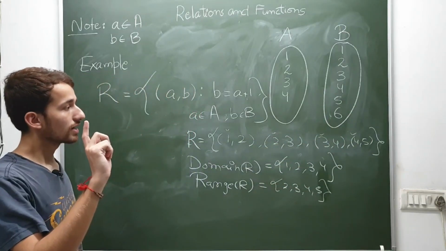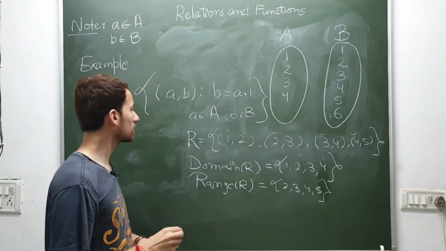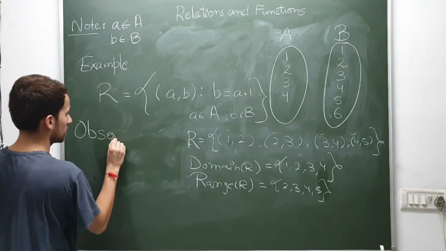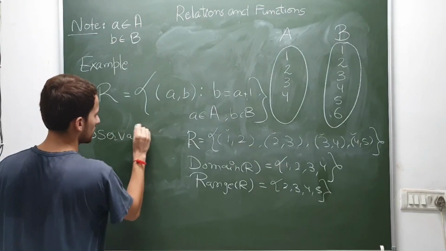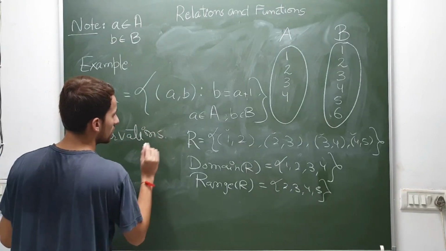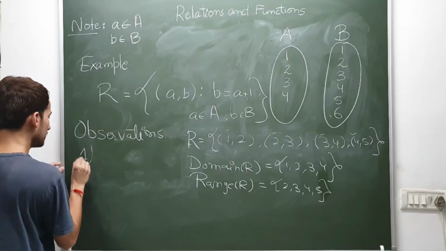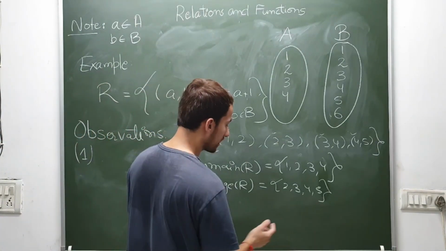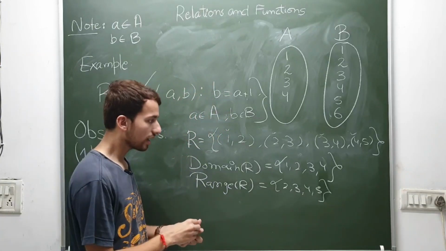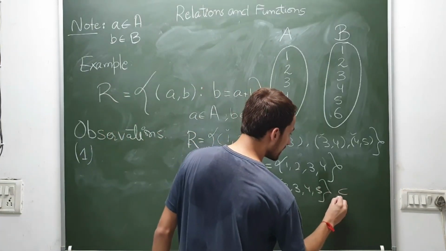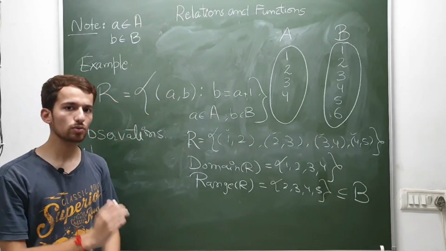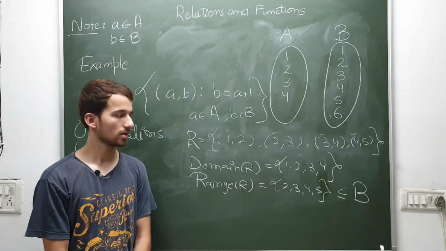Now there are some observations which we can make. The first observation is, if you observe this set 2, 3, 4, 5, which is the range, can I write it like this? Pause the video and try to think it once.